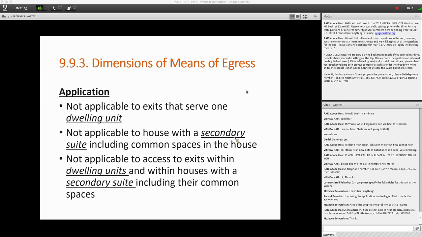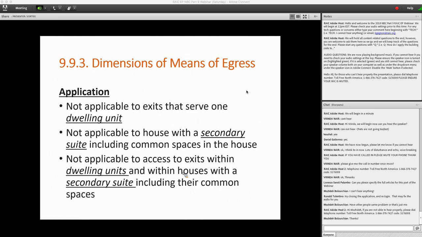Under this section, most of the requirements we will be looking at are not applicable to exits that serve a dwelling unit or a dwelling unit with a secondary suite, and are also not applicable to access to exits within dwelling units.